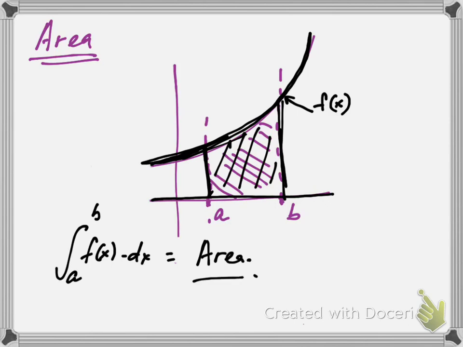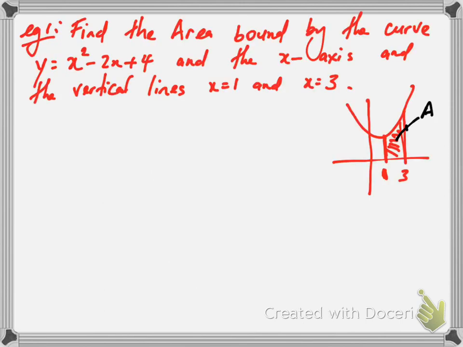So let's do an example and see how that actually works. Let's find the area bound by the curve, a quadratic, x squared minus 2x plus 4, and the x-axis, and the vertical lines x equals 1 and x equals 3. So the area goes between there and there.